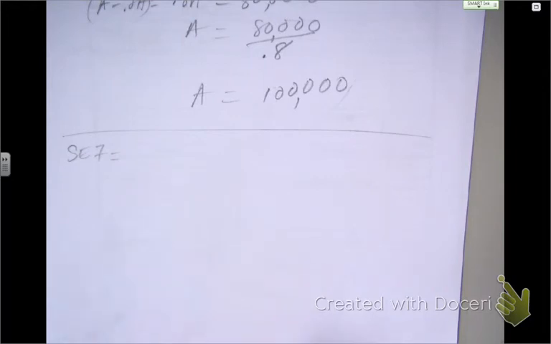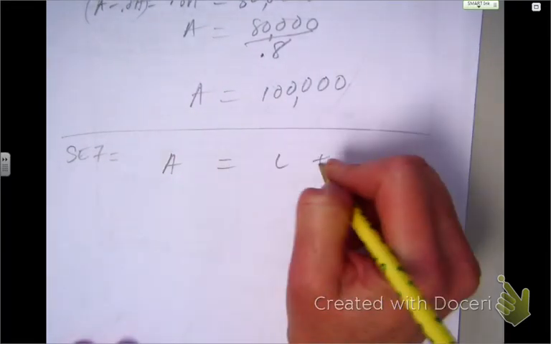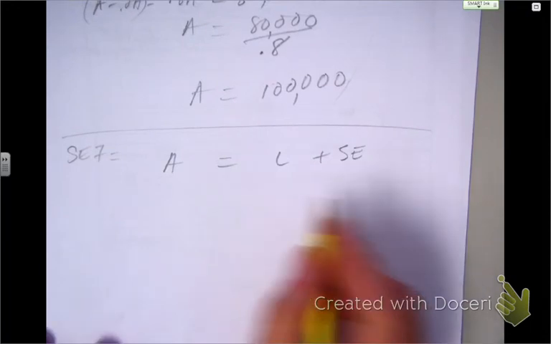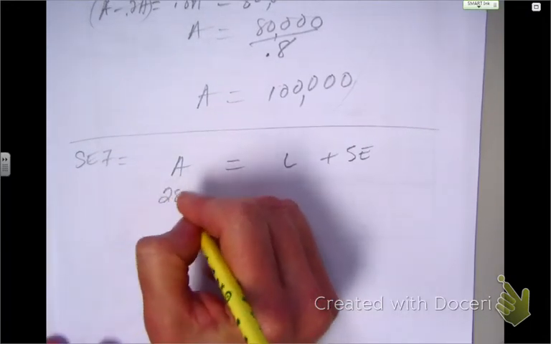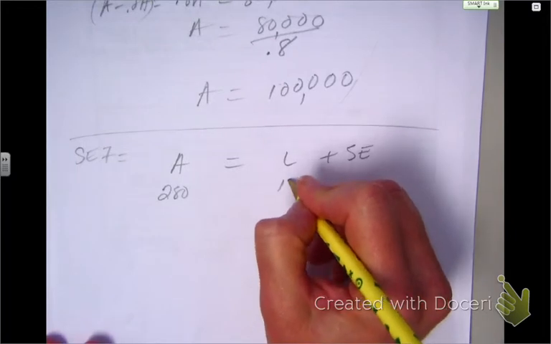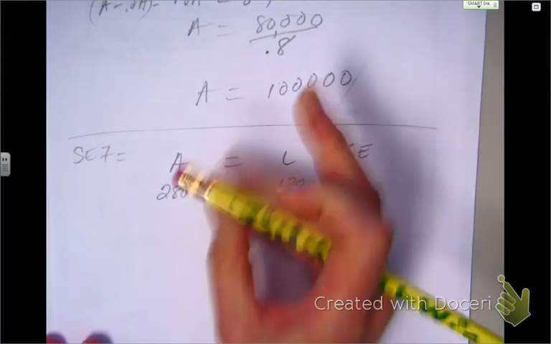Okay? So we'll start out with our accounting equation. Assets equals liabilities plus stockholders' equity. And we have $280,000 as our assets, $120,000 for our liabilities.